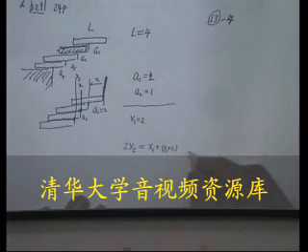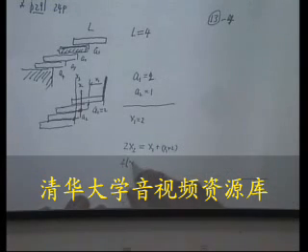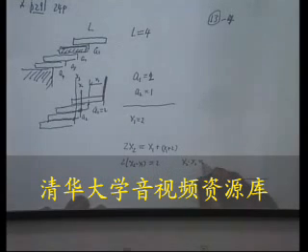So I get 2x2 minus 2x1 is equal to 2, so x2 minus x1 is equal to 1. So I have x1 is equal to 2, x2 minus x1 is equal to 1.